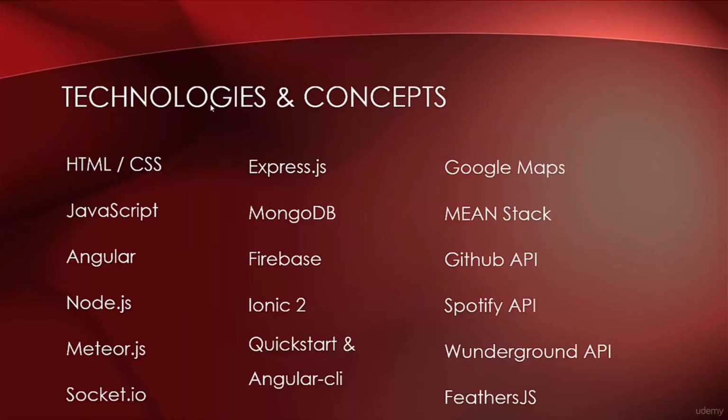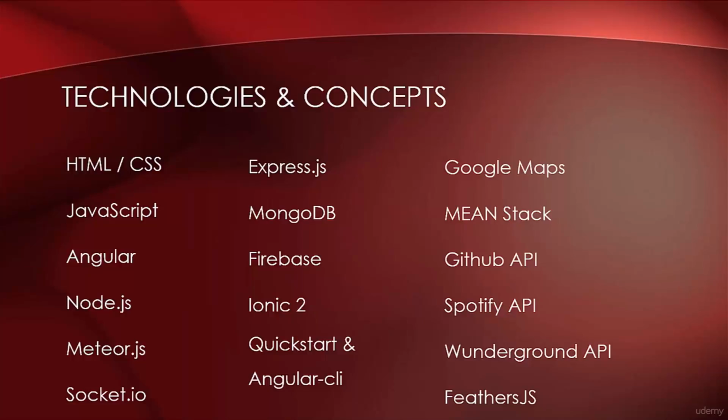Obviously HTML, CSS, JavaScript, Angular, Node.js, Meteor.js, which is a JavaScript platform that works in the front and back end, Socket.io, which gives us real-time bidirectional communication between a client and server, Express.js, which is a Node.js based web framework, MongoDB, which is a NoSQL database, Firebase, which is a remote NoSQL database. Ionic 2 is a mobile platform that uses Angular 2.